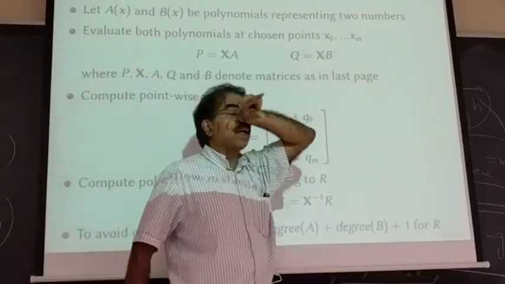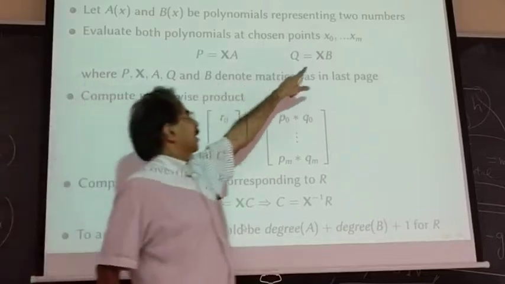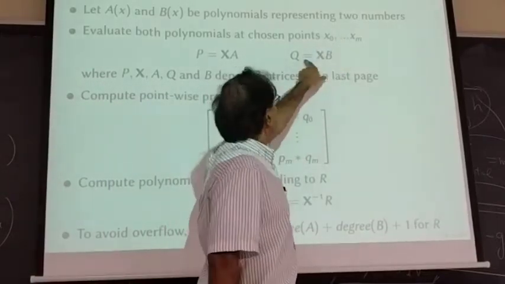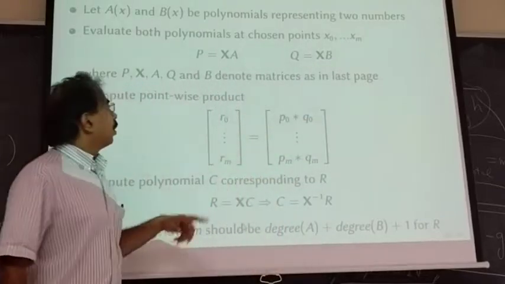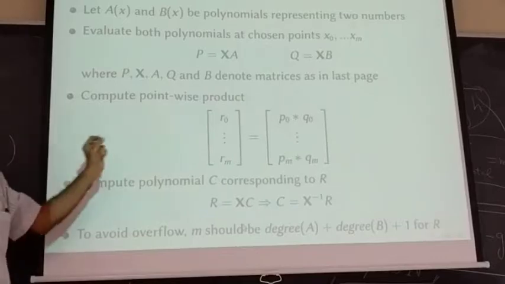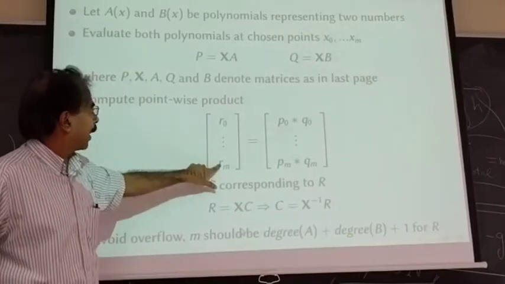Similarly for the polynomial B, it's again the same X, because you're going to evaluate it at the exact same points. So Q equals XB. Now we want to do pointwise multiplication, so we want the pointwise product, which we will call R0 to Rm.